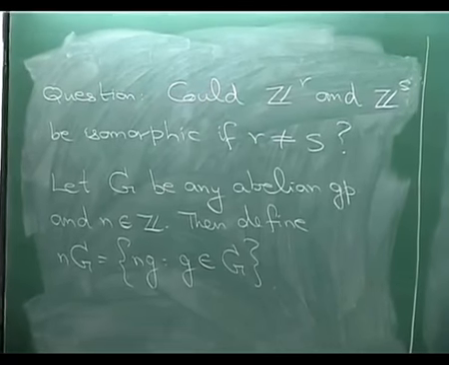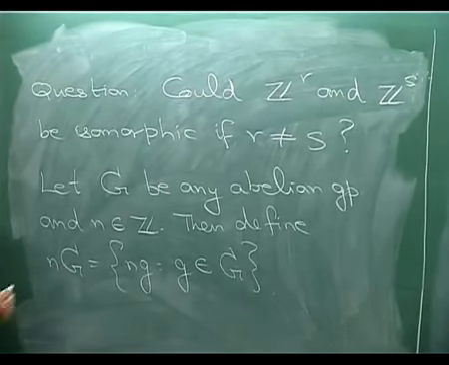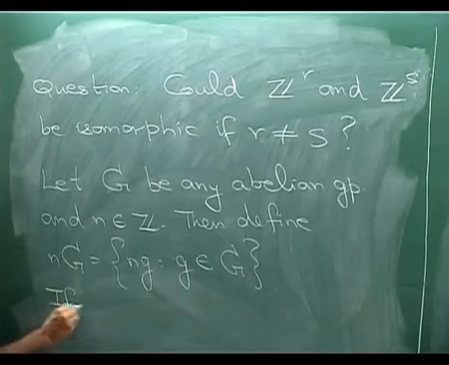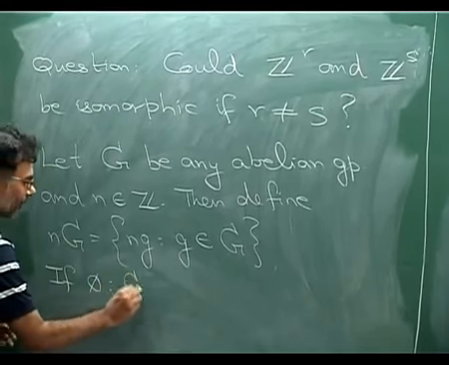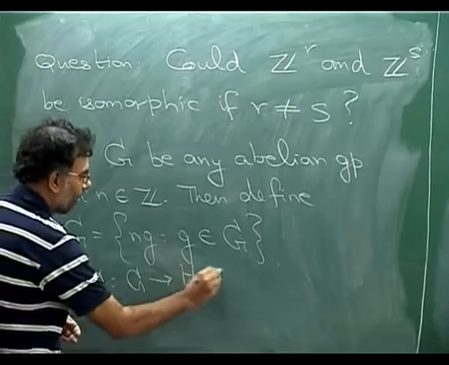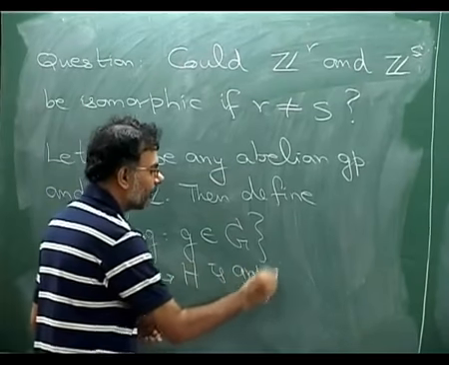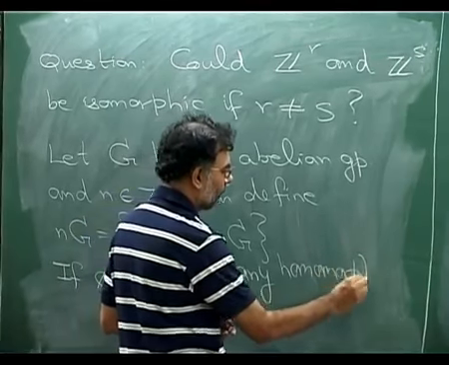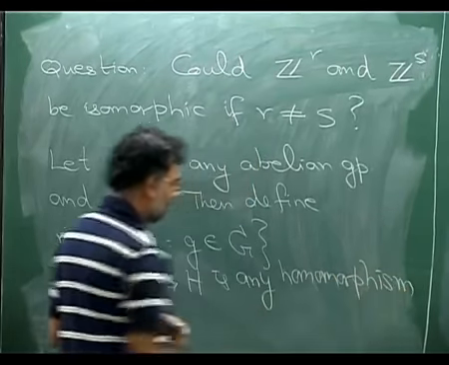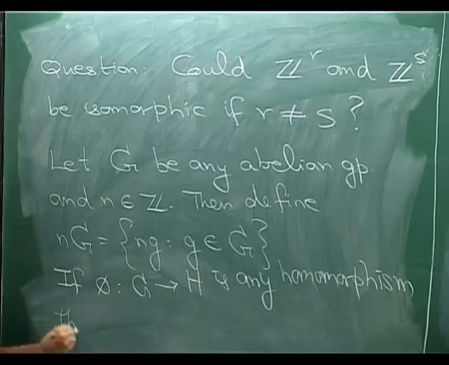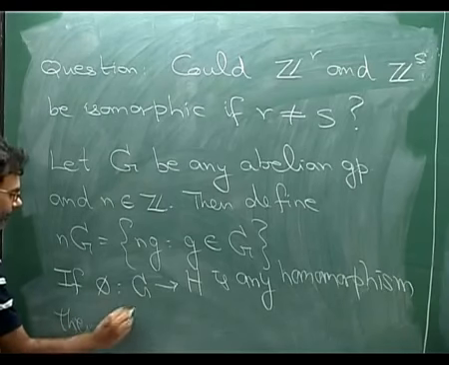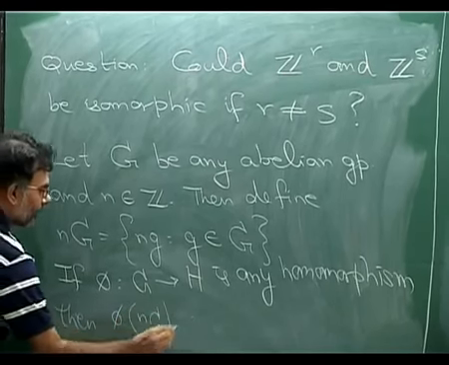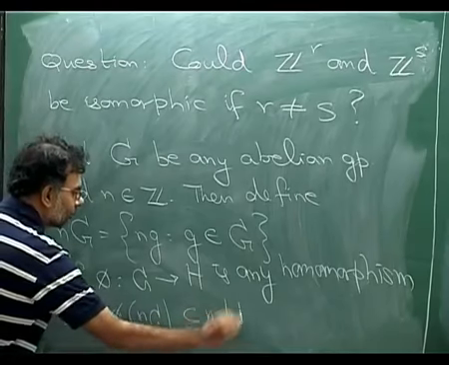And what is important about this subgroup is the following statement: if phi from G to H is any homomorphism, then phi of nG will be contained in nH.